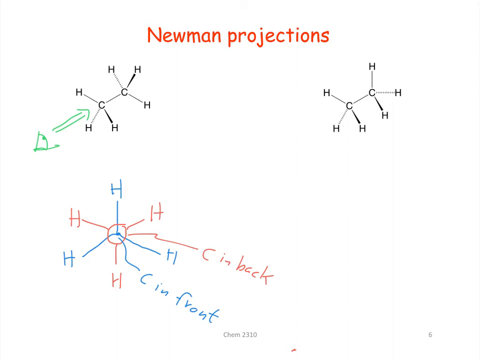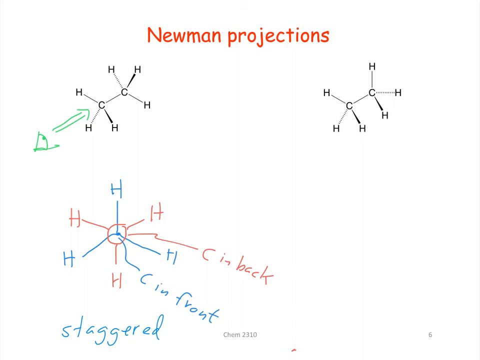If you draw all lines just to the circle, or I can't tell which ones are going to which, then you'll get it wrong on the exam. So you have to be very careful on how you draw these. This one is what we call staggered, because the bonds are off to the side from one another.